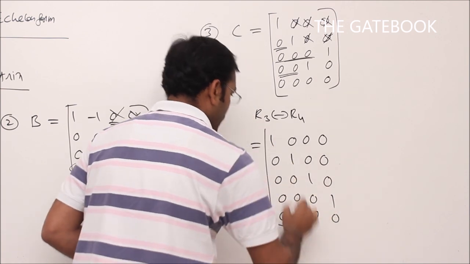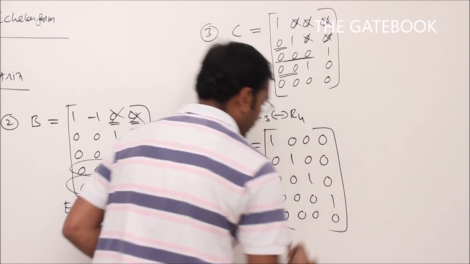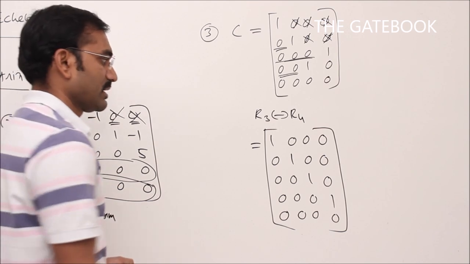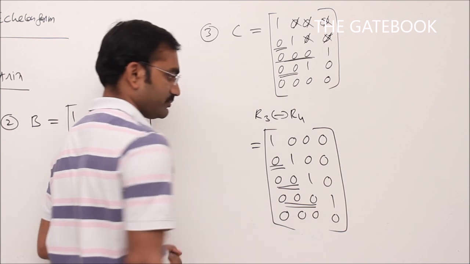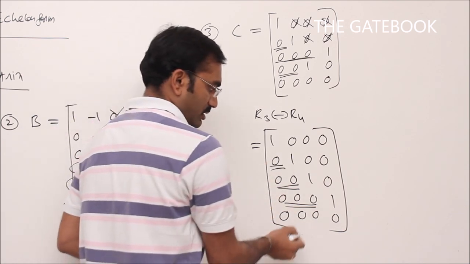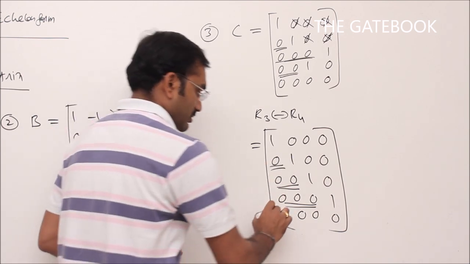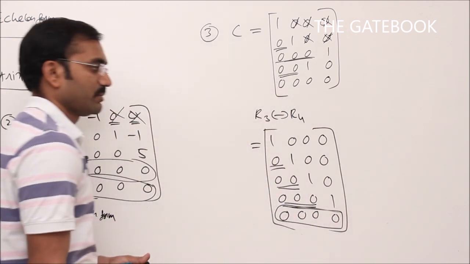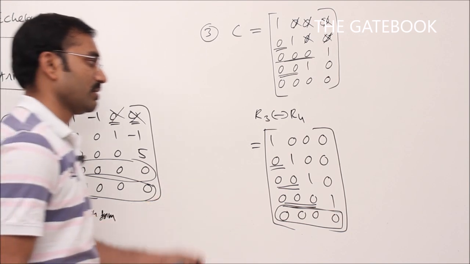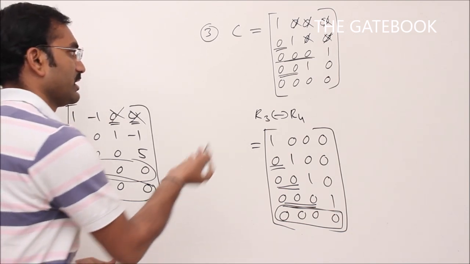Now it is in echelon form, satisfying both conditions of echelon form. First condition, zeros are increasing before the first non-zero element in each row, and second condition, there is a completely zero row lying below all the non-zero rows. So it is in echelon form.